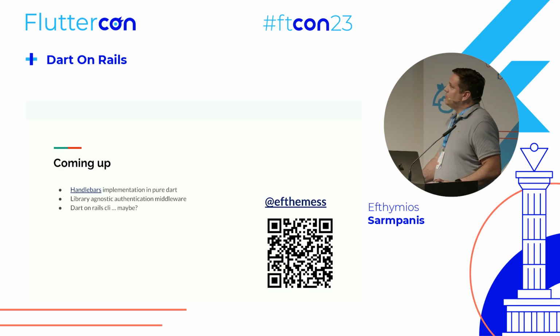As I told you, I'm not really happy about Jinja. It does what I want to do, but not all the things that I want to do. So, having said that handlebars is just a wrapper around JavaScript, I have started the implementation of a pure native Dart handlebars compiler. It's not out yet.